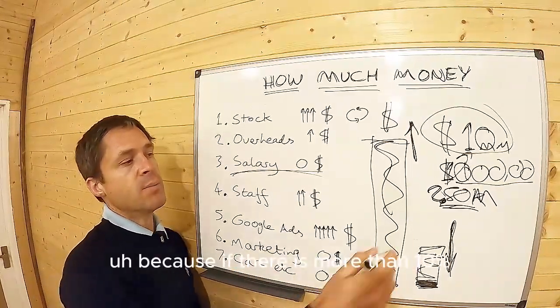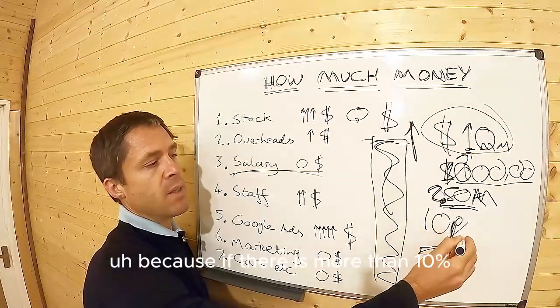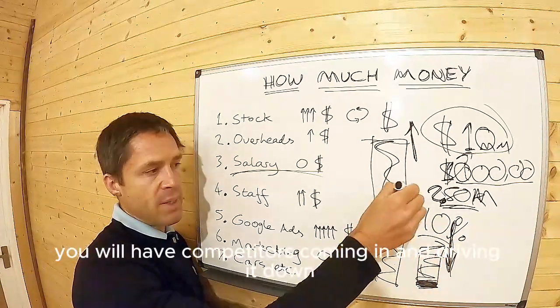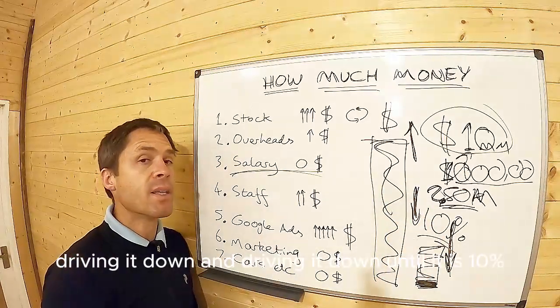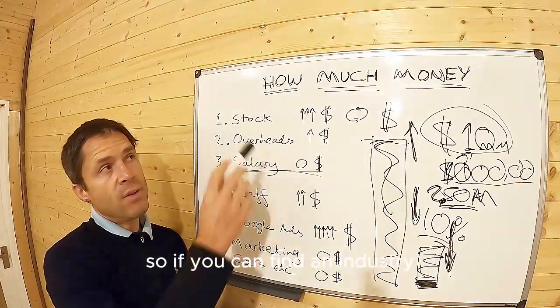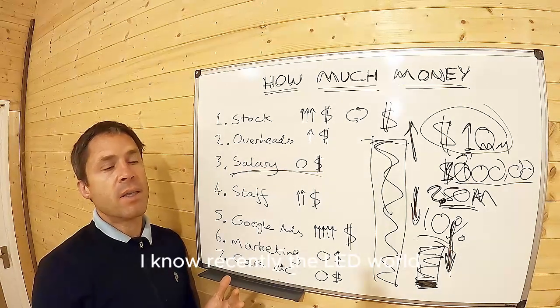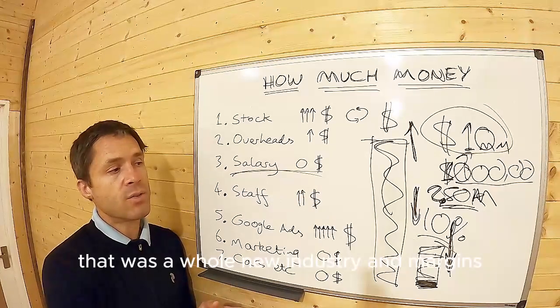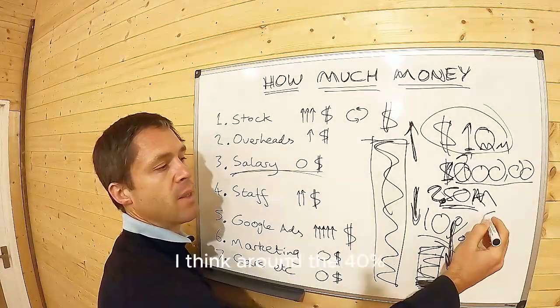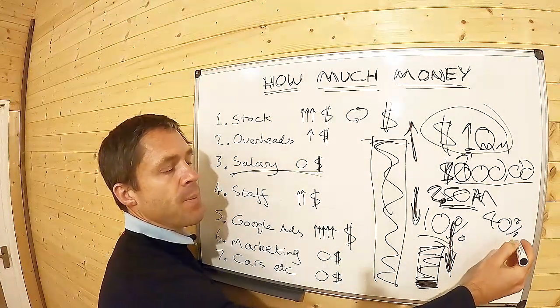Because if there is more than 10%, you will have competitors coming in and driving it down, and driving it down, until it is 10%. So if you can find an industry, I know recently the LED world, the bulb, that was a whole new industry, and margins were, I think, around 40%.